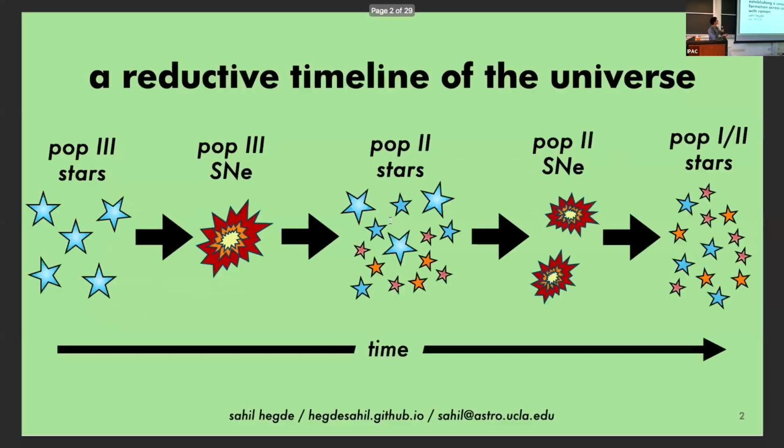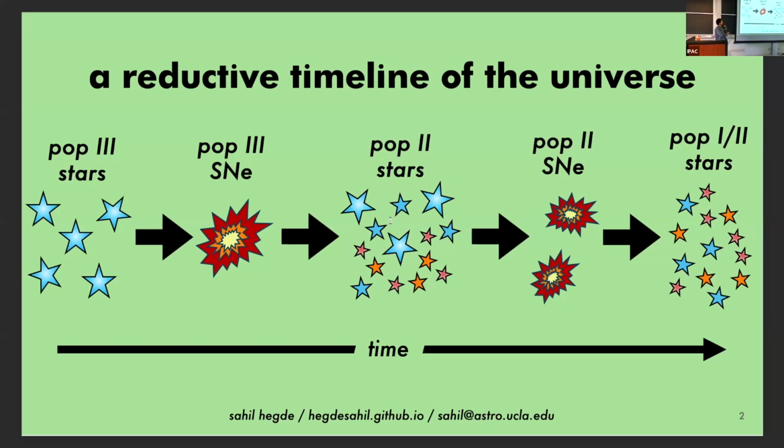So, cool. Okay, so I promised a census of star formation across time, so I have to show a timeline of the universe, or at least my reductive theorist view of it. So here I'm showing the high redshift universe at the far left, and then the local universe at the right. And so the way I think about star formation is starting with primordial pristine gas from which the first stars form. And because of this primordial hydrogen-helium dominated gas, we think that the first stars formed to be very big, blue, and lived very short lives.